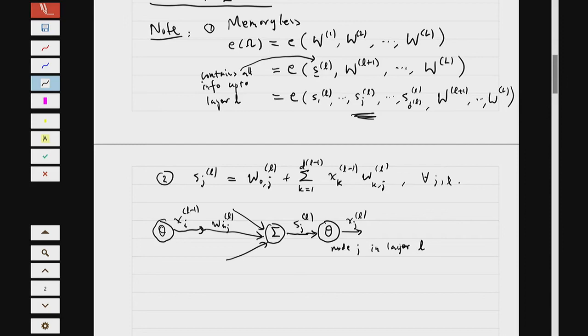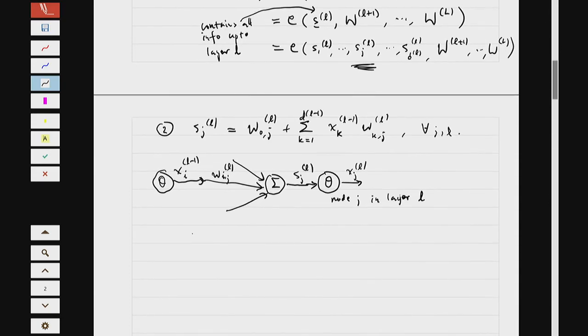In particular here, you notice that this one, how does this information get sent to the final destination, the E of omega? Only through this path, right? There's no other path where we will use this weight, yeah? Only through this guy, Sj. No other neuron will use this information of Wij, yeah? So then the chain rule will be the simple one, yeah? So we know that in the entire vector, all of the neurons, only Sj of L depends on this weight that we care about, yeah?